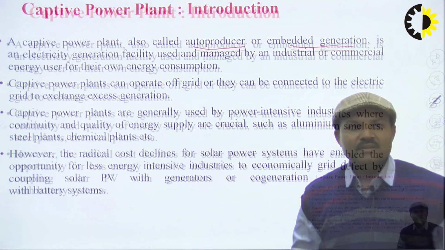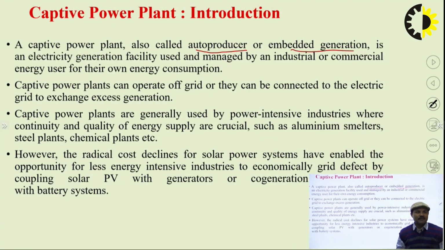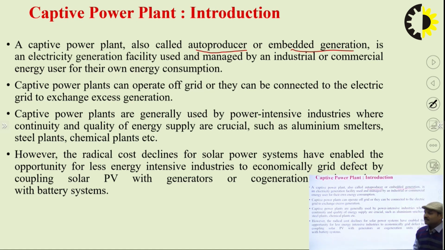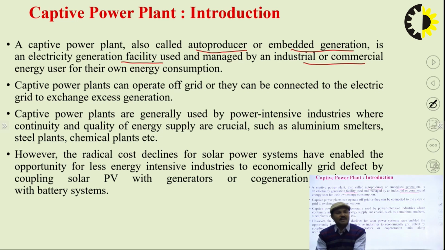Because we are generating the electricity at the place where our industry is based, and we are utilizing the same power at that point only. So, it is an electricity generation facility which is used and managed by industrial or commercial energy users for their own energy consumption.